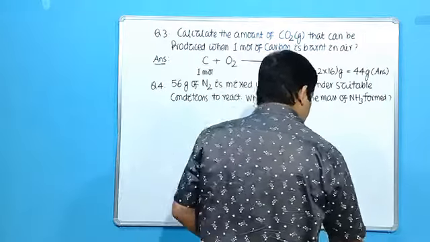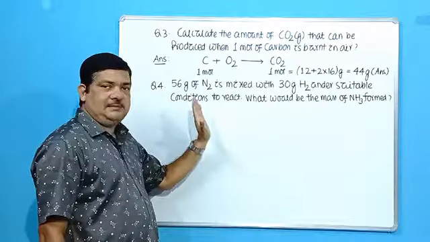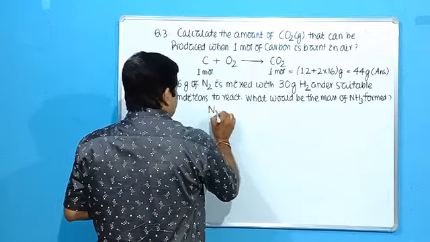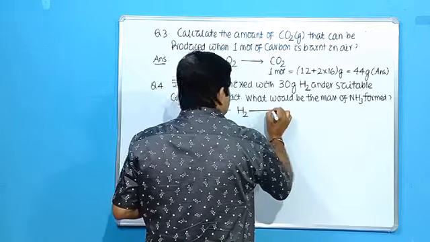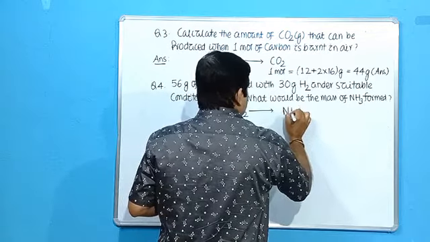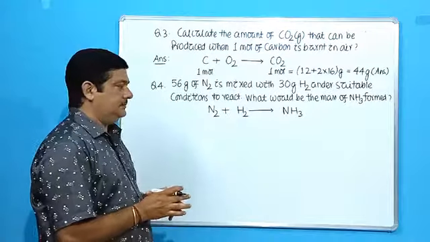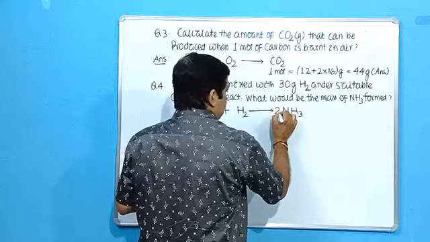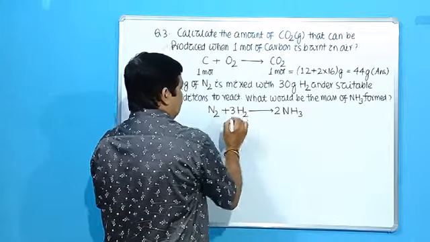Okay. So you know, I have given you many examples of this same reaction. That is when nitrogen reacts with hydrogen, it produces ammonia. This is called Haber's process, and I have given you many examples. So we have to balance it. How can we balance it? 2NH3, now balance nitrogen, then it will be 3H2.